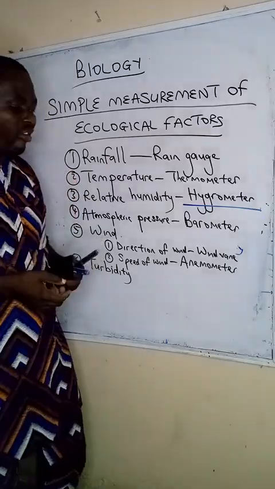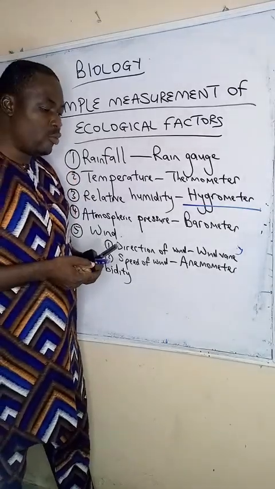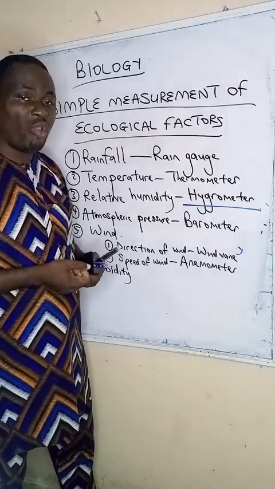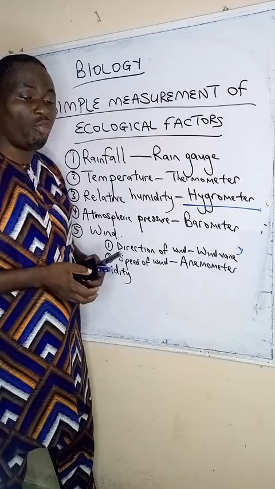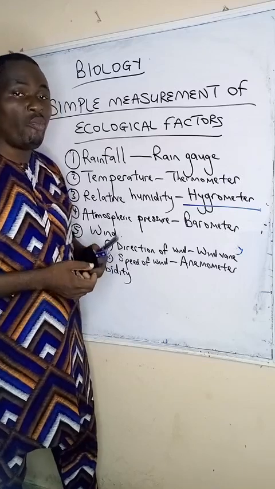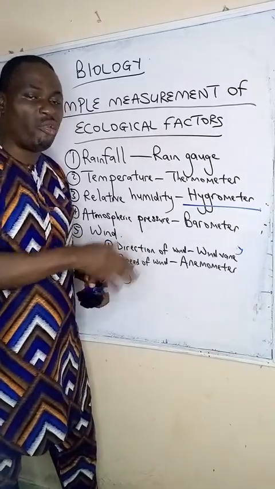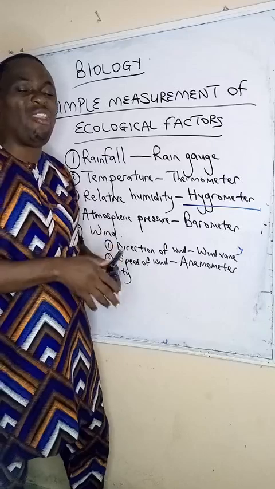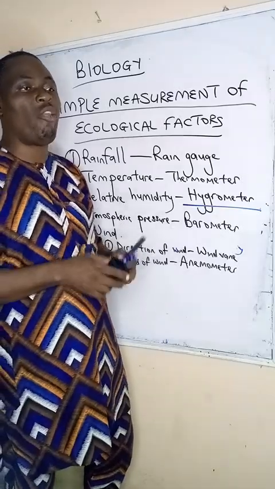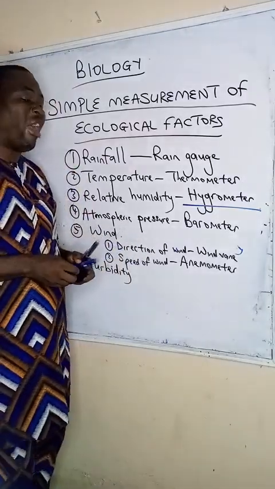For example, you draw water from a well in the dry season. The well is initially clean, but when it gets to the bottom, you bring out the water and you see some particles clouded in the water. That means the water is highly turbid. It has high suspended particles.